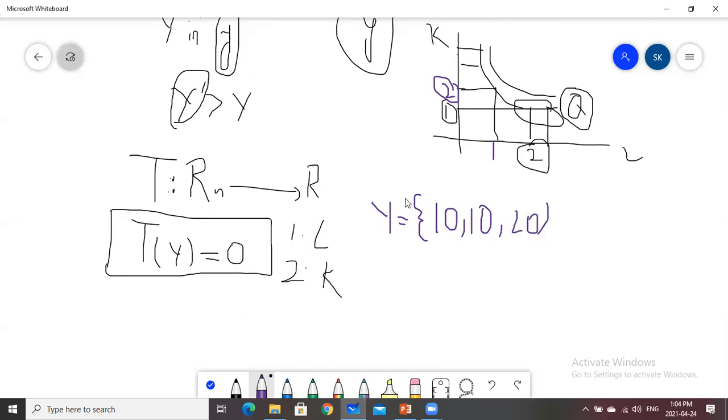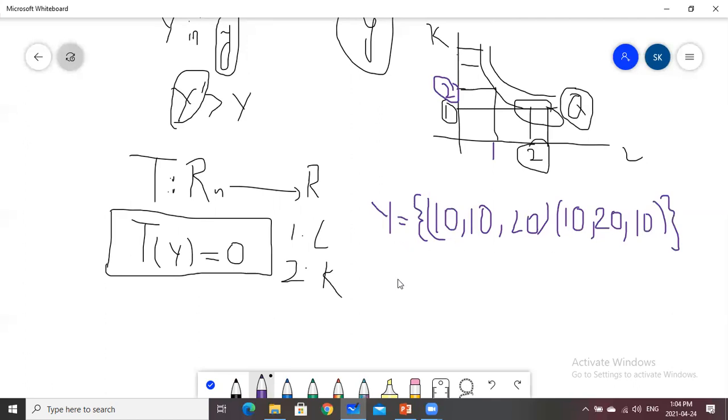brackets closed. The other bracket opened: 10, 20, 10, bracket closed.